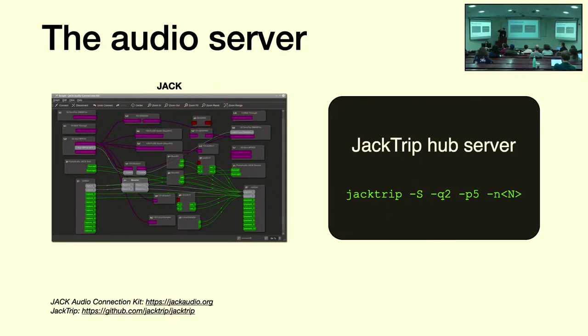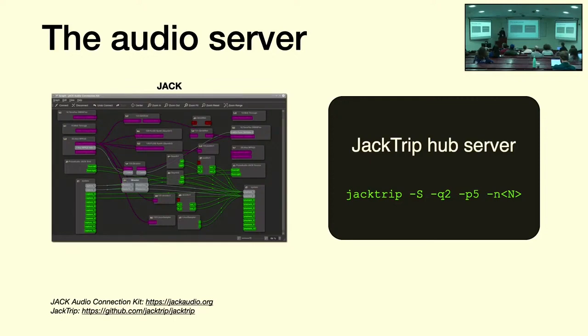This is the command for starting JackTrip in hub server mode. The capital S is hub server. Q is the packet buffer length that JackTrip will use. And P is an auto-patching mode, so whether any clients that connect to it should be connected to each other, connected to themselves. The number 5 says no auto-patching.